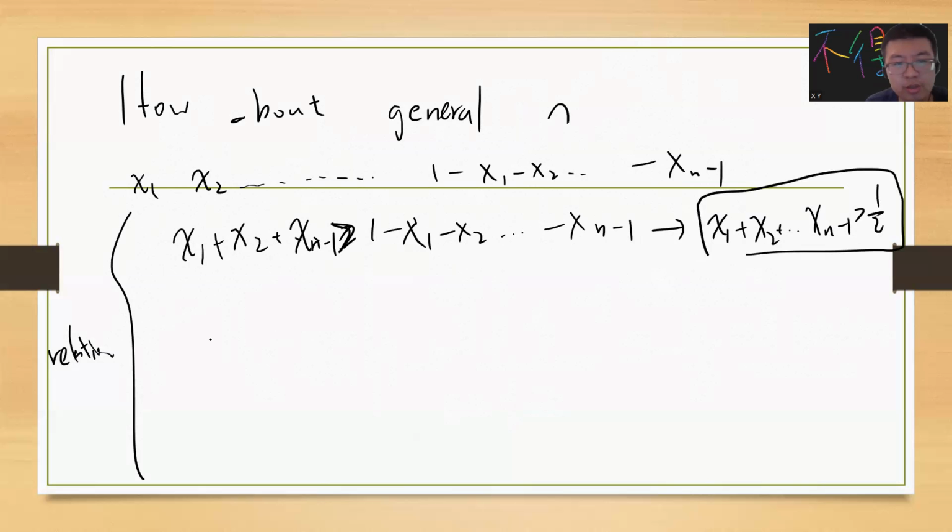And then the rest of the equations are very simple: x1 needs to be less than half, x2 less than half, up to xn minus 1 needs to be less than half.